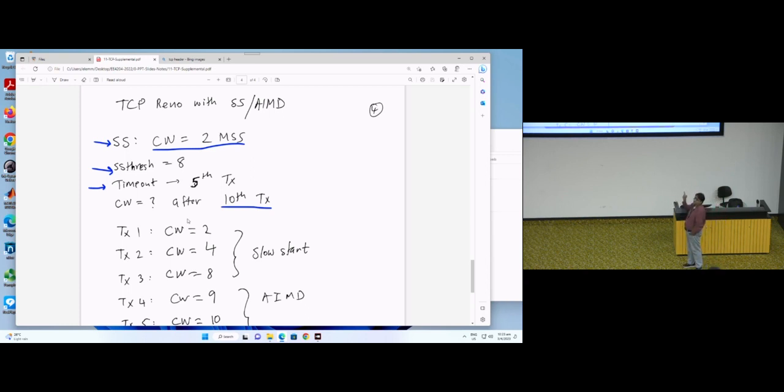But whatever, in this example, slow start starts at 2 MSS. The current slow start threshold is 8. And let's say a timeout happens on the 5th transmission. I want to know after the 10th transmission, what is the congestion window?